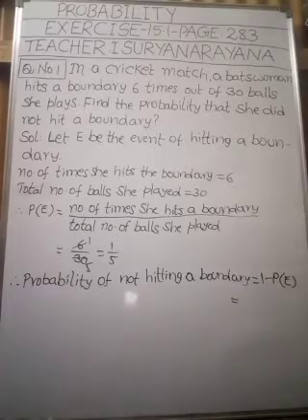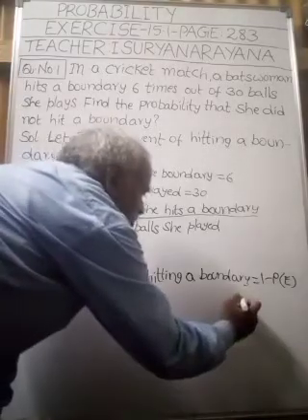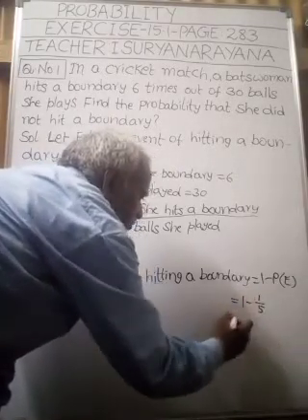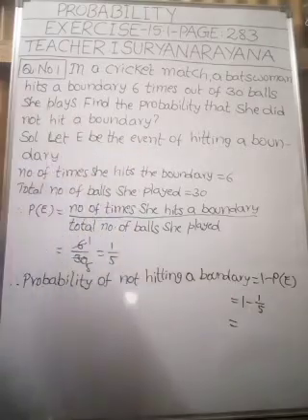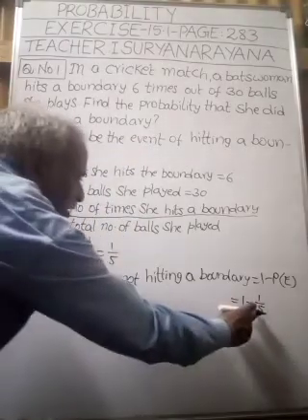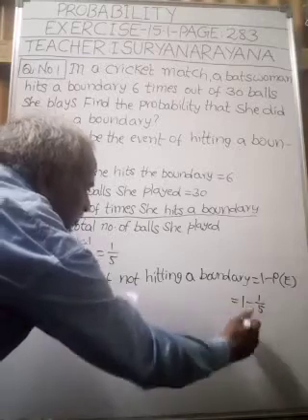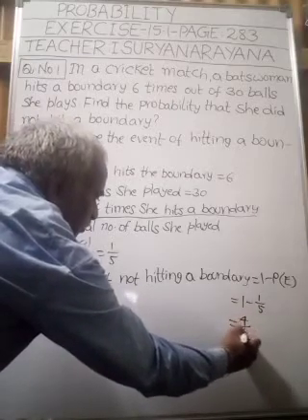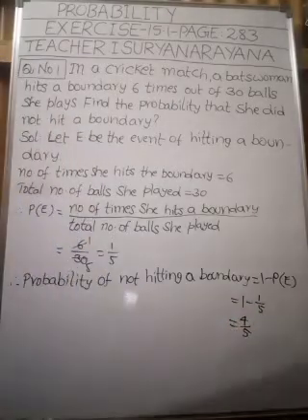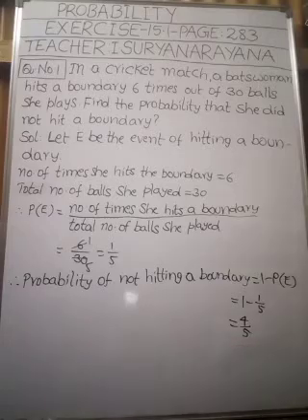Okay, my children. Right. That is equal to 1 minus 1 by 5. Okay, my children. Understood this step? By taking LCM, what will get? 5 minus 1. What will get here? 4 by 5. This is the required probability. Understood this question, my children?